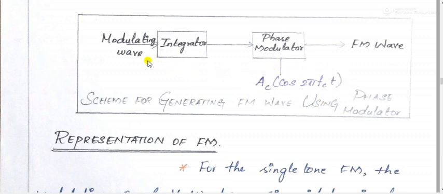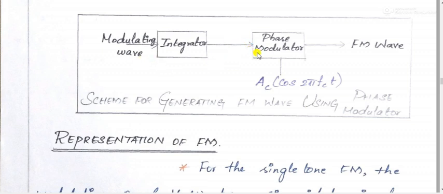The modulating wave is x of t. The output of the integrator is the integration of x of t. Suppose the modulating wave is denoted as sin omega mt. The output of the integrator is the integration of sin, which will be cos omega mt.